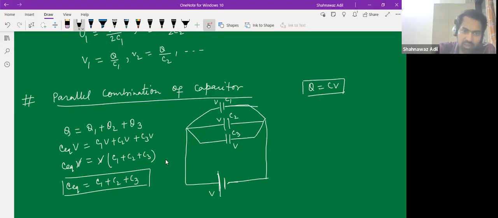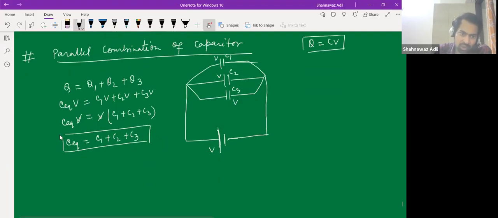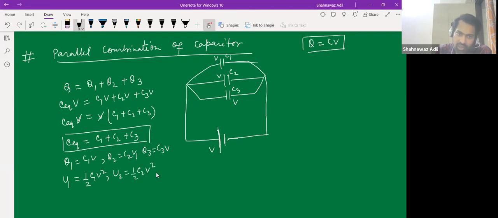Similarly, we already know that Q1 is C1V, Q2 is C2V, Q3 is C3V. And we can also calculate the energy stored. So U1 would be half C1V squared, and U2 would be half C2V squared, and U3 is half C3V squared.